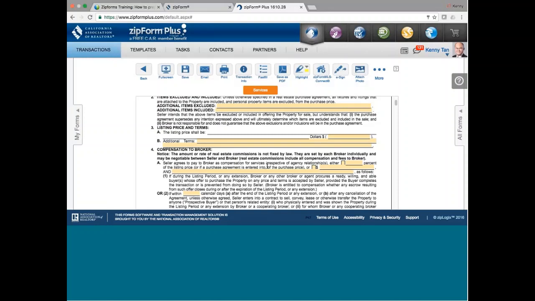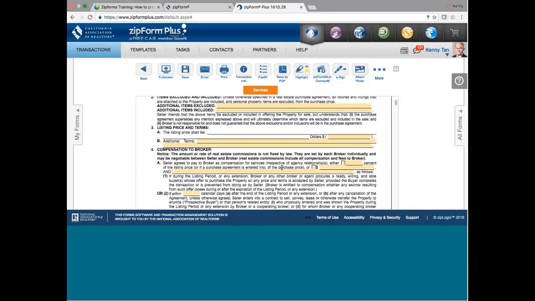It's different from exclusive right to sell, where it doesn't matter who finds the buyer. But the way you fill out the form is basically the same. Okay, you do not need to add any special language to it, because it has the right language built in here. Now, if you look at this one, it says seller agrees to pay the broker as compensation for services.